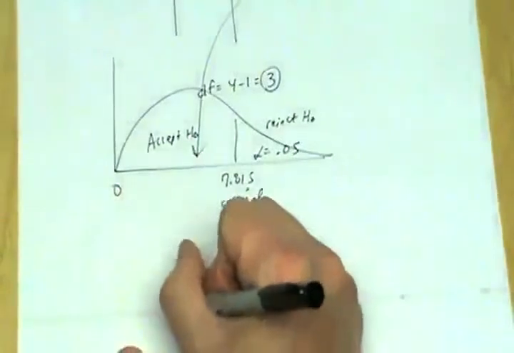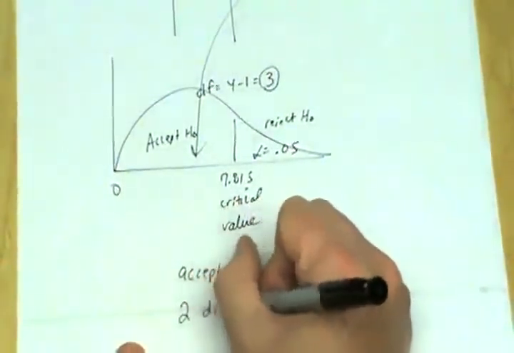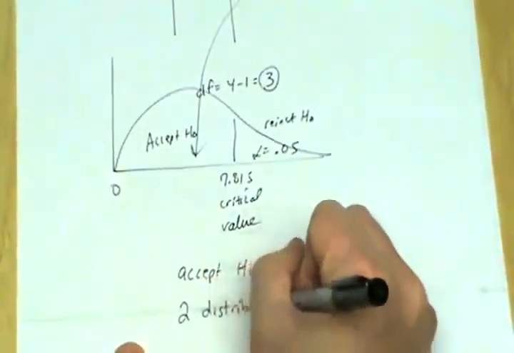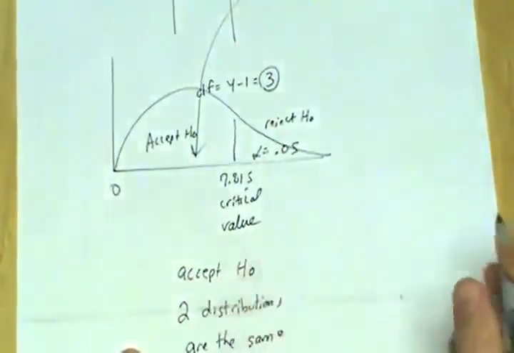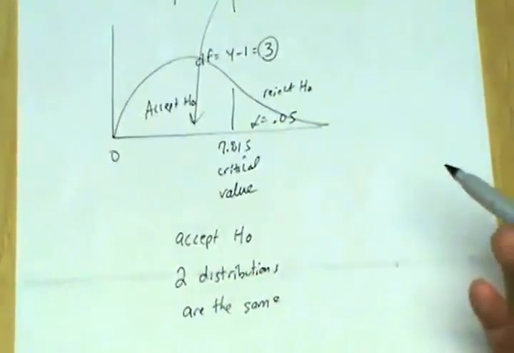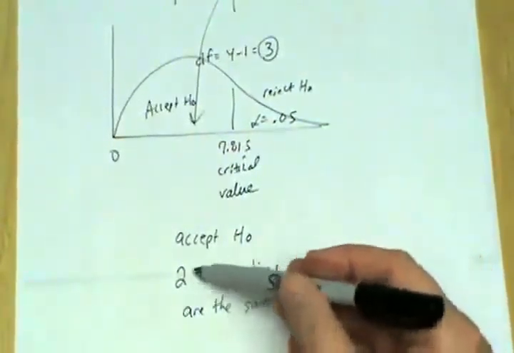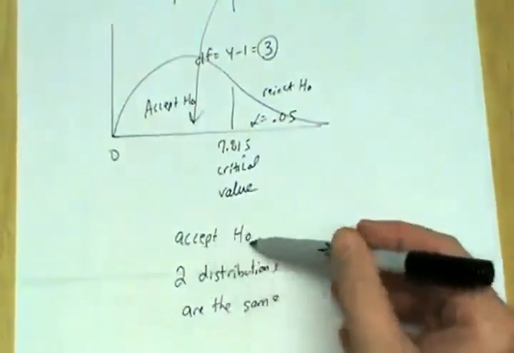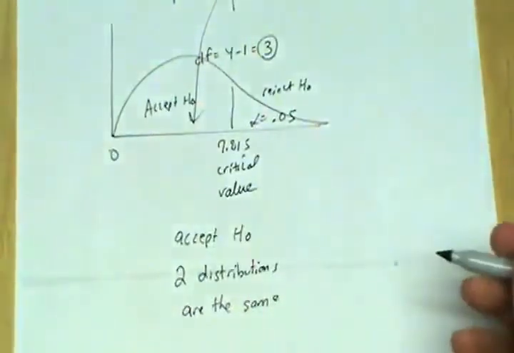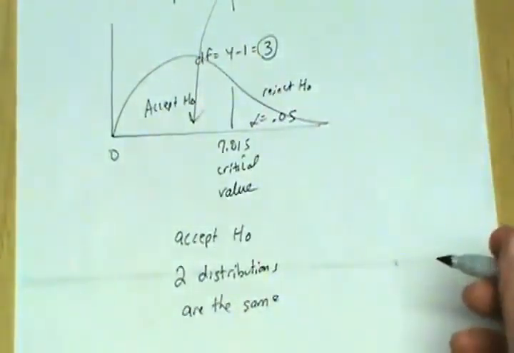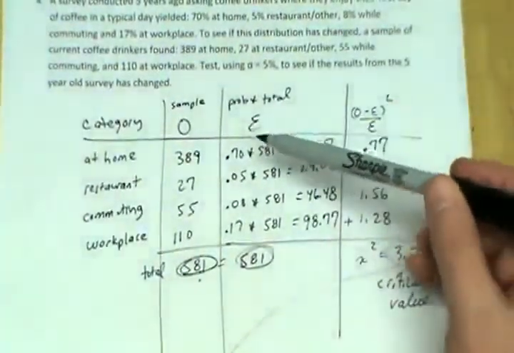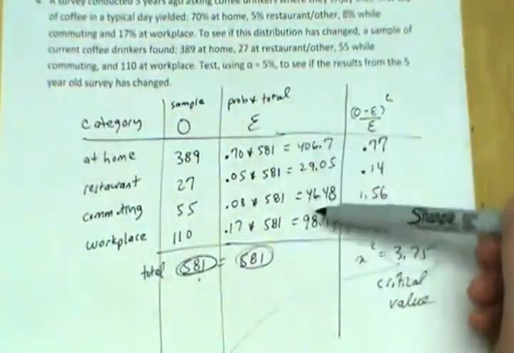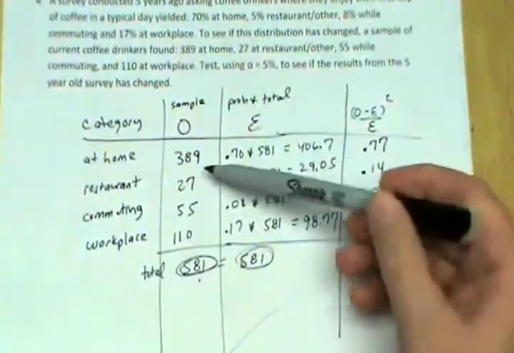And you're going to give me an answer: the 2 distributions are the same. Accept H0 is fine, but people don't understand what you mean, so you have to actually explain it to them. The 2 distributions are the same is what accepting H0 would mean for this goodness of fit test. What we mean by that is what we should have expected to get back for where people drink their first cup of coffee is the same as what we observed.